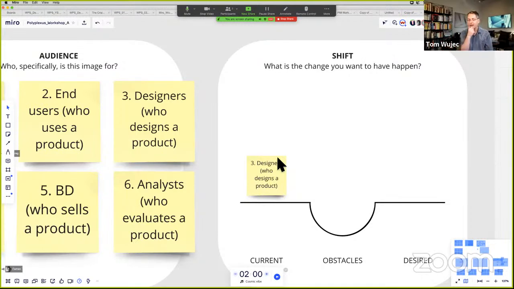Those might be some areas. For end users, it might be feeling confusion or that the product that you're trying to pitch is not fully relevant or tailored to them, to feeling that it is fully tailored to them.